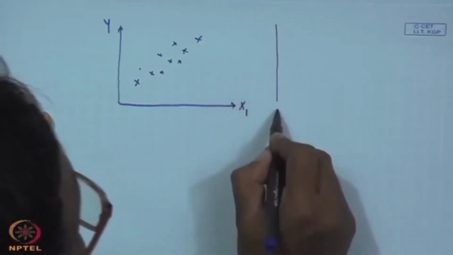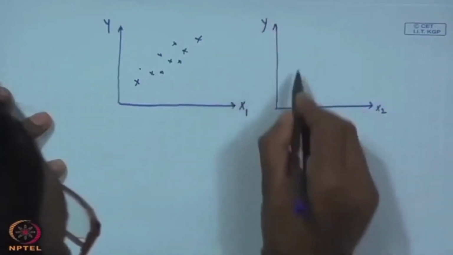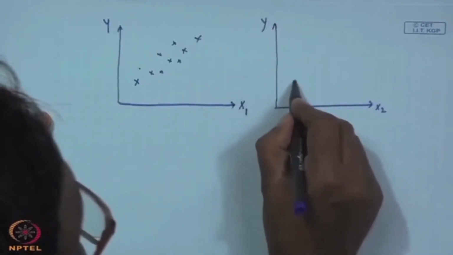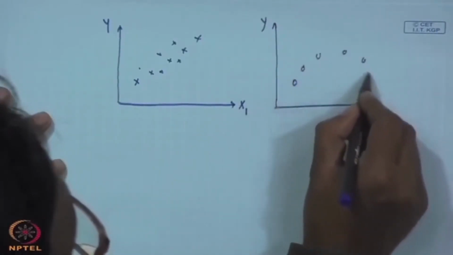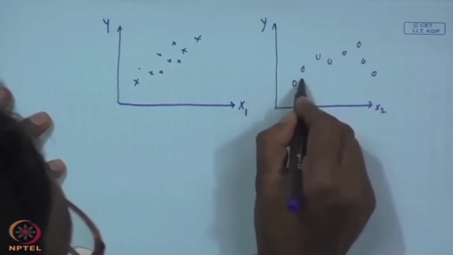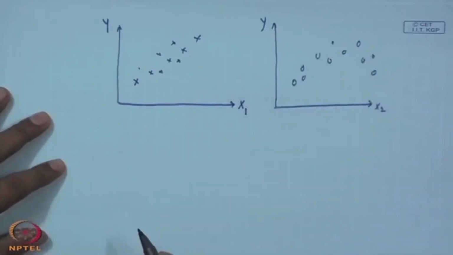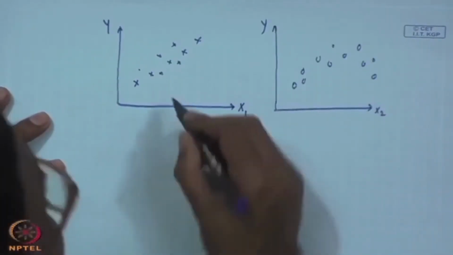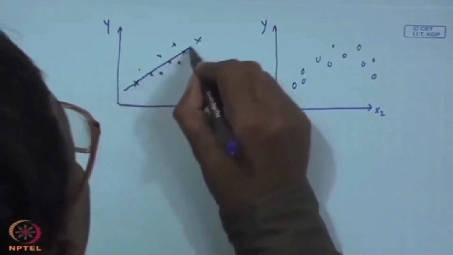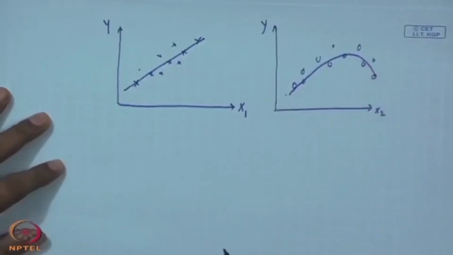When you plot with x2, you may get this type of relationship. So in the first case, there is linearity. In the second case, it is a non-linear one.